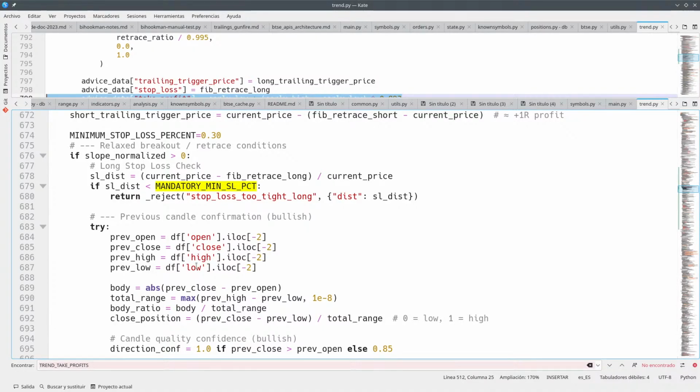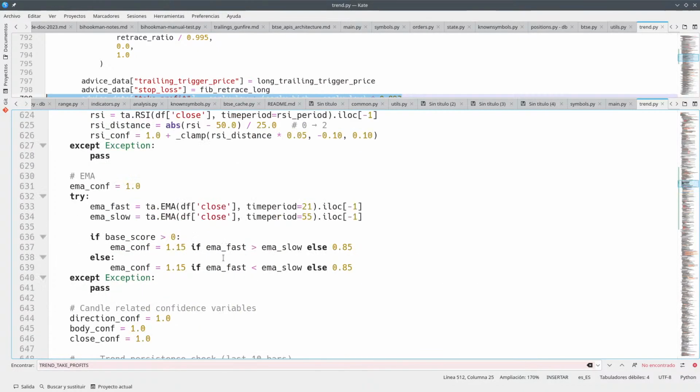So if the distance is less than this, then we don't like it. So we want to have the same thing done with take profit. That way we ensure that this is going to work as expected.